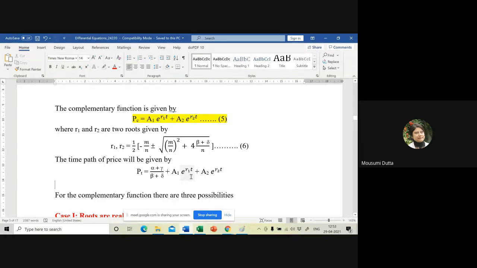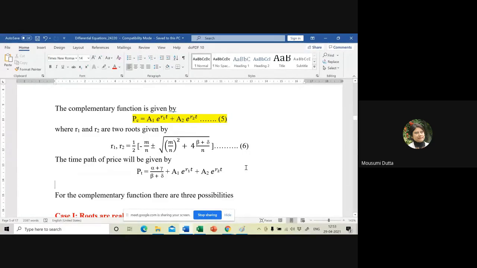So as t tends to infinity, PT will move towards PE if this A1 e to the power R1t plus A2 e to the power R2t part moves towards 0.